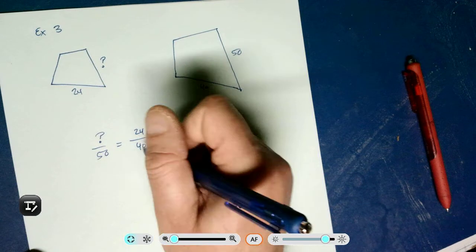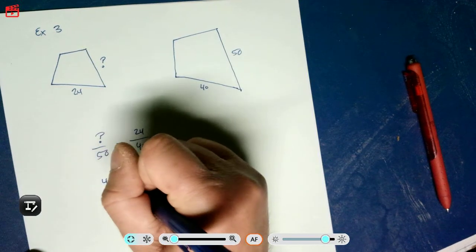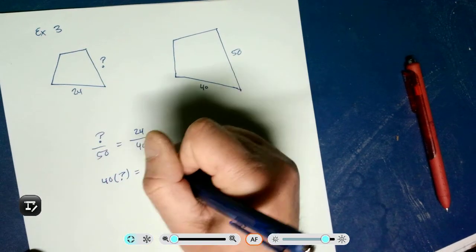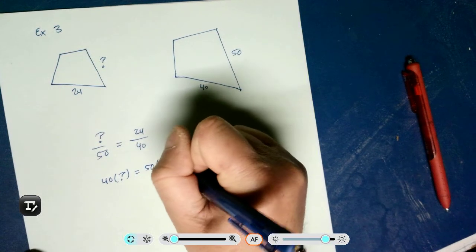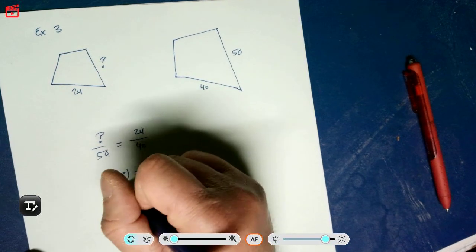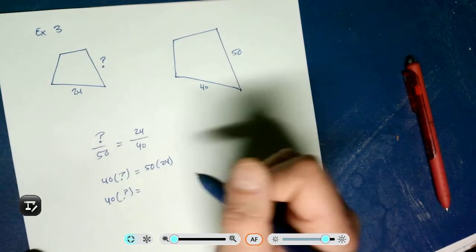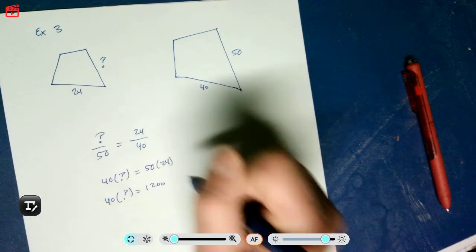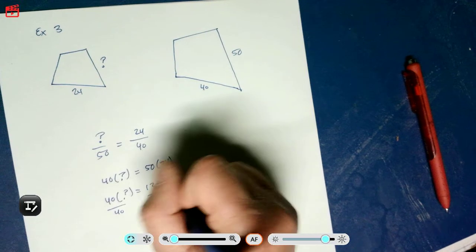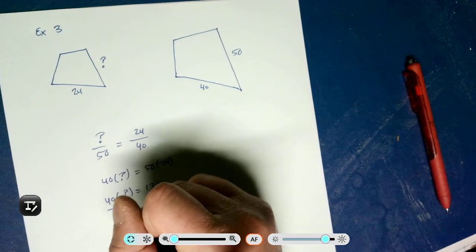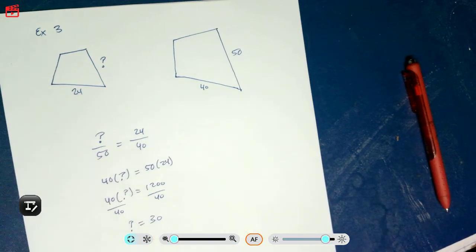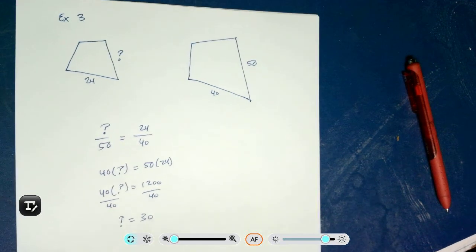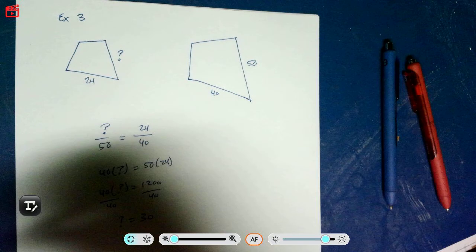Then when I cross multiply, I get 40 times unknown. That will equal 50 times 24. You get 40 times the unknown, 50 times 24 is 1,200. Divide both sides by 40. Unknown is 30. That's one way to do it.